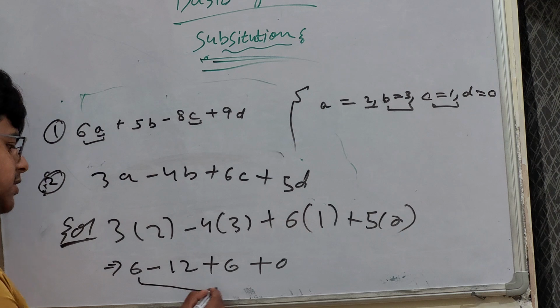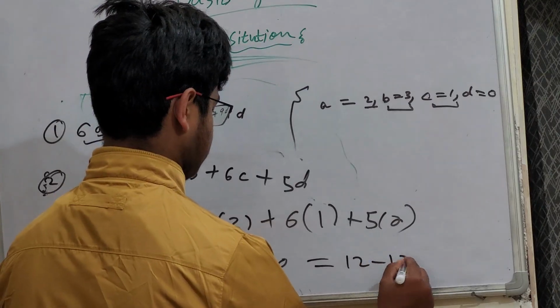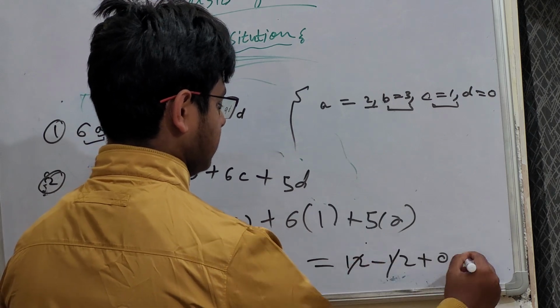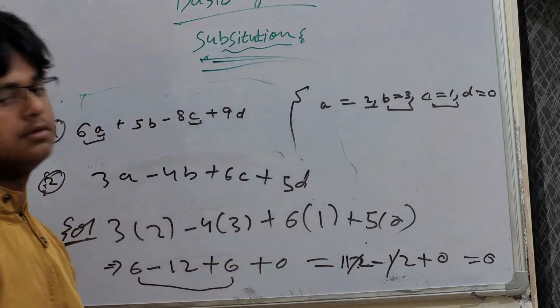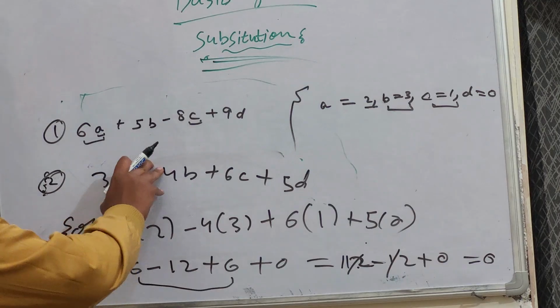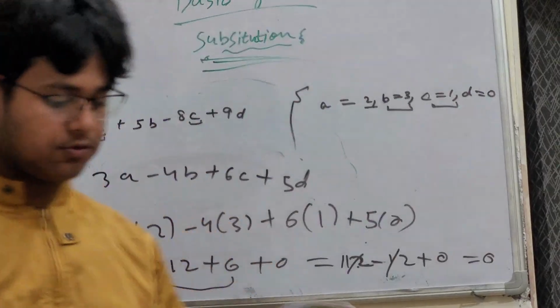Now you know 6 plus 6 is how much? It's 12, minus 12 plus 0. It's 0, because 12 is positive and 12 is negative. I already told you, if you have the basic knowledge of integers, then this lecture is beneficial for you. Otherwise, this lecture is not beneficial for you.